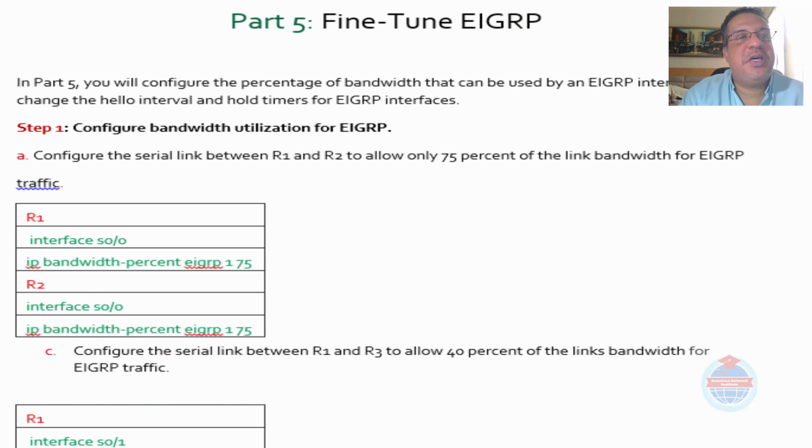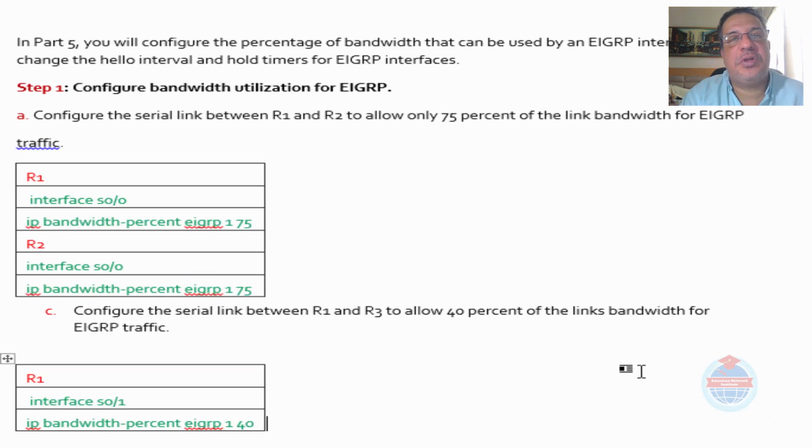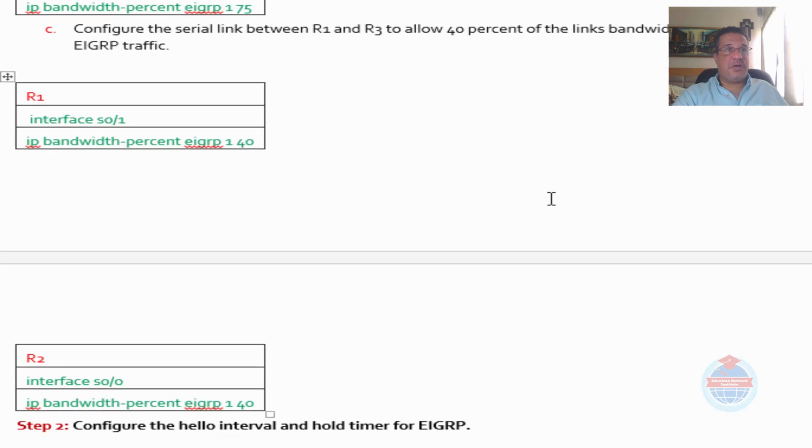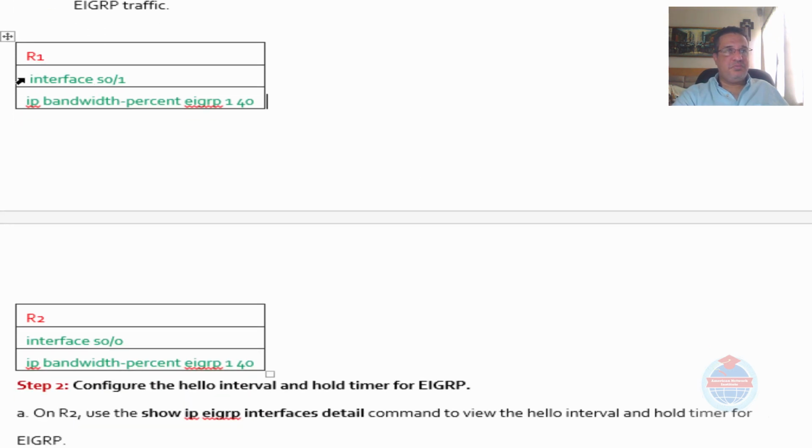Now that we did that, we are going to configure the serial link between R1 and R3 to allow only 40% of the bandwidth. Remember to check the graphic. So on R1, we're going to put this value.